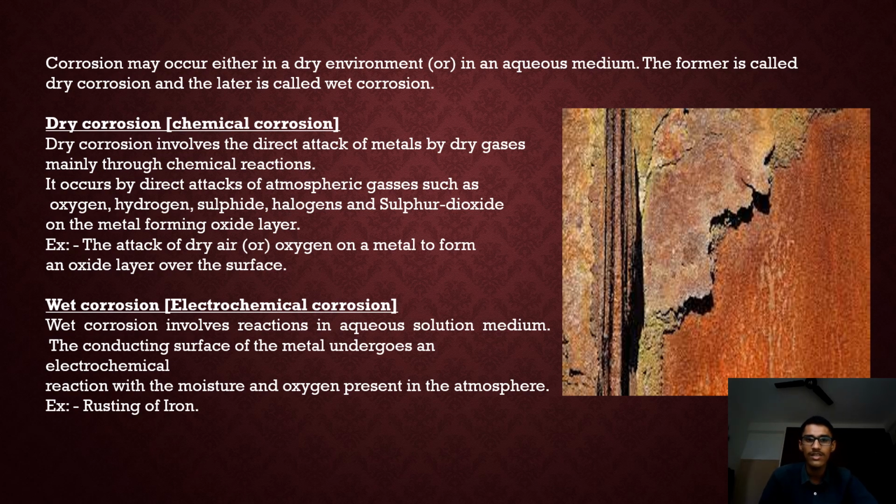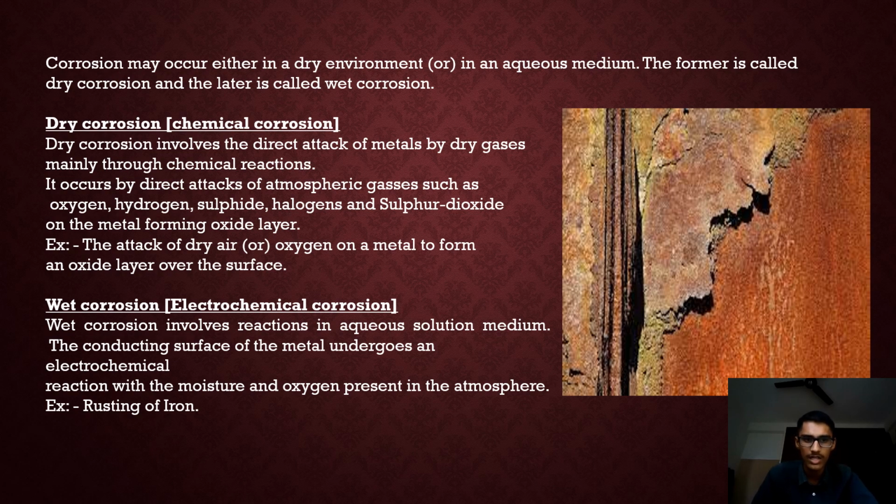Corrosion may occur either in dry environment or in aqueous medium. The corrosion which occurs in dry environment is called dry corrosion, and the one which occurs in aqueous medium is called wet corrosion. First, let's see about dry corrosion. Dry corrosion is also called as chemical corrosion. Dry corrosion involves the direct attack of metals by dry gases mainly through chemical reactions.